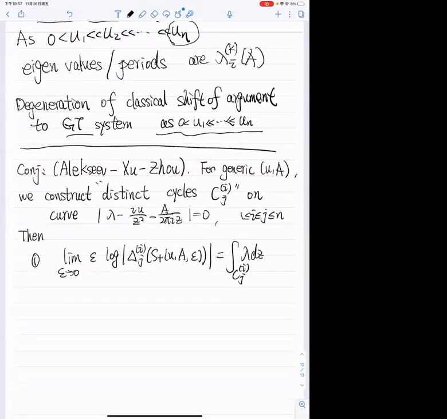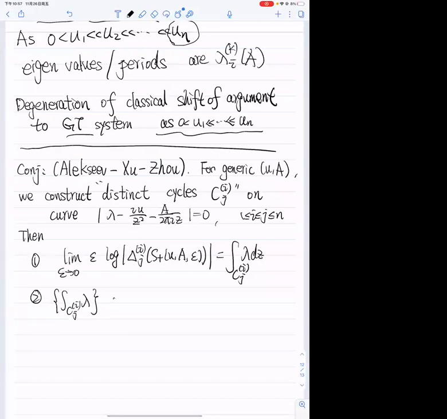Yeah, and there are some other things, but time is up. All these integrals actually give you the integrals of the shift of argument.